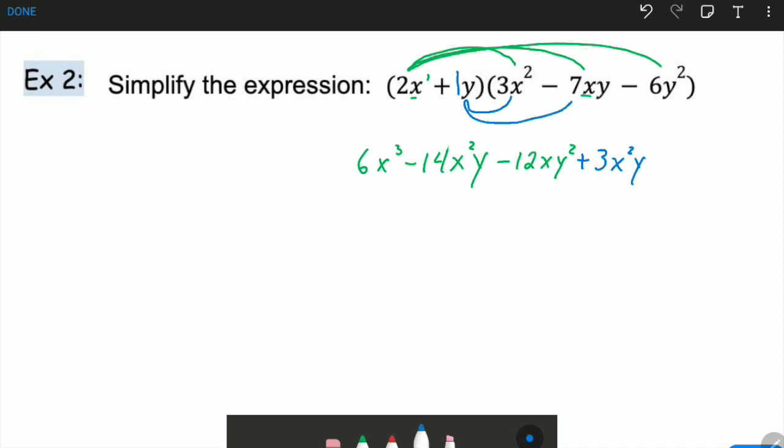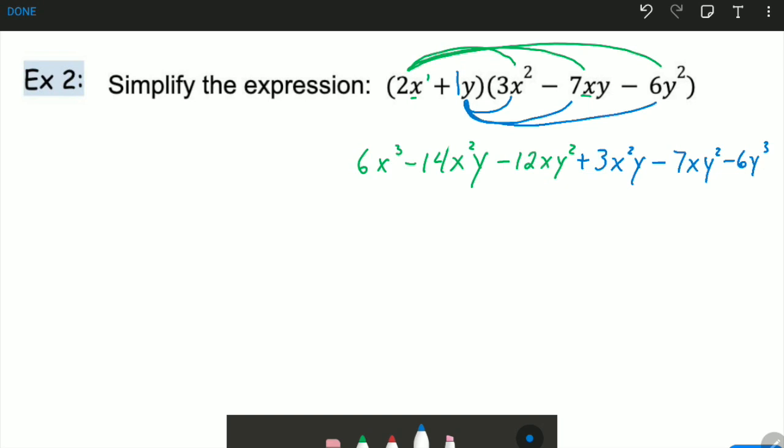And then y times negative 7xy would be negative 7. X will just come down, but we'll have a y times y giving us y squared. And then 1y times negative 6y squared will give me negative 6y to the third, adding the exponents with the y's.